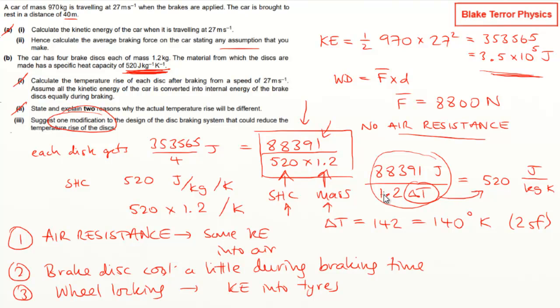Things you have control of are the material, which gives you the heat capacity, and the mass. Admittedly, they're going to have other knock-on effects. You don't want to make the brake disc too heavy, otherwise you're carrying around massive great big brake discs on each wheel. But you've got a bit of leeway there. And if your only objective is to reduce the temperature rise, then go for it. So yeah, 2 options for the last part.